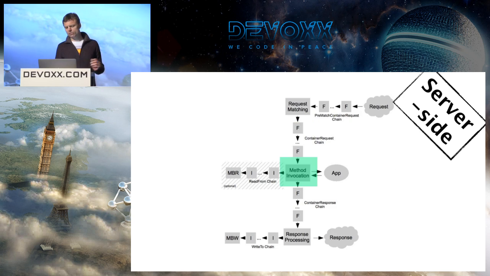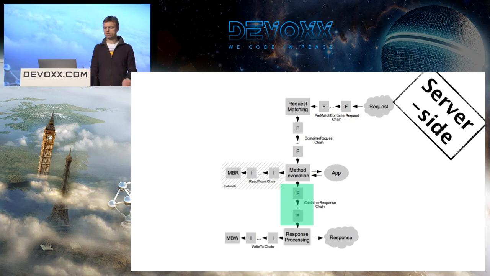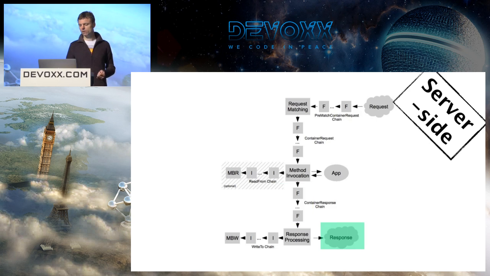Then you have the message invocation. We are ignoring the MBR side for now. It will go into the application, and then the response is streamed out. It goes again through a response filter chain, where again any registered filters are invoked, and then the response is streamed to the client.